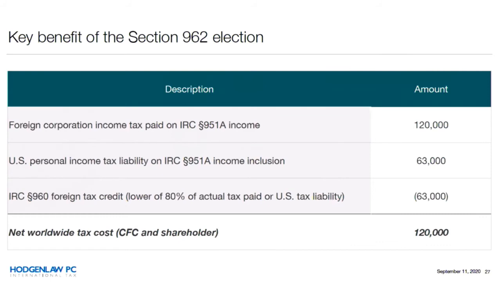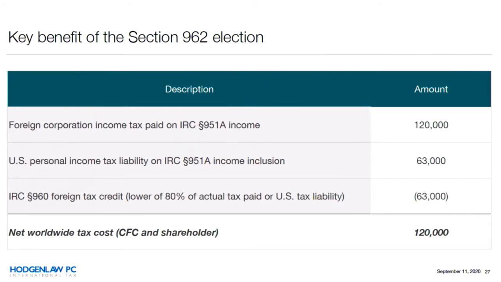We used the Section 11 calculations, which allowed us to reduce income by half and then apply 21% tax rate, which means $63,000 because that's 21% of $300,000 of taxable income. And because of the Section 904 limitation, the taxpayer gets the lower of actual tax liability, 63,000, or 80% of actual tax paid, which is 96,000.